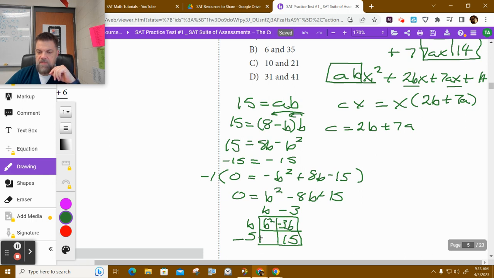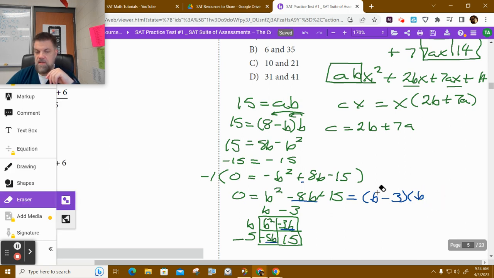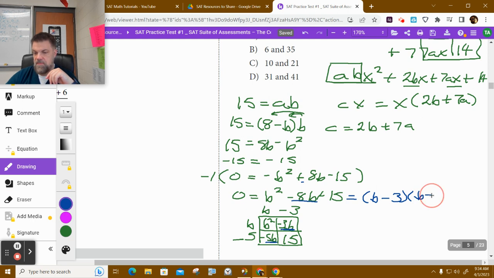Negative 5 times b is negative 5b. What's negative 5b plus negative 3b? Well, it's negative 8b, right, when you add it up? So in other words, this whole thing is equal to b minus 3 times the quantity b minus 5.